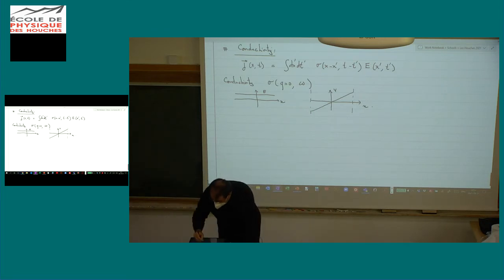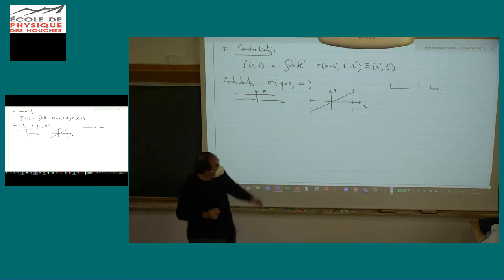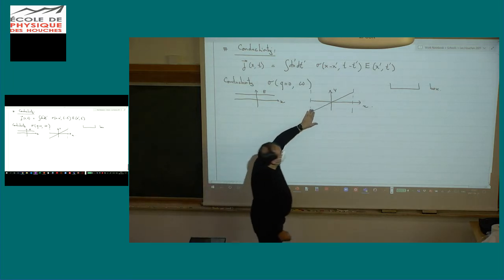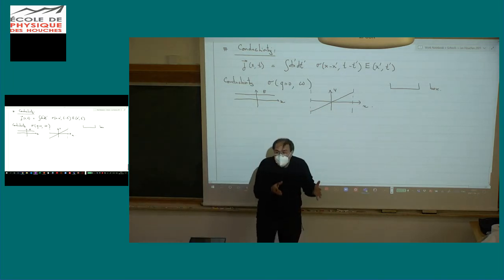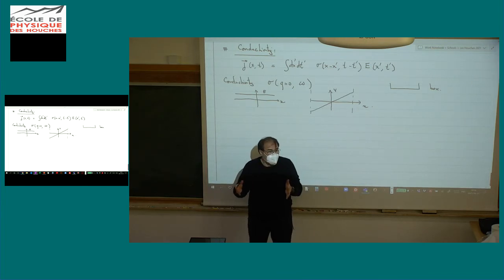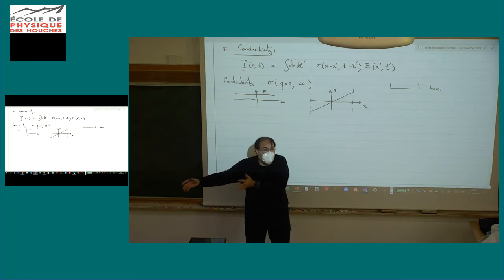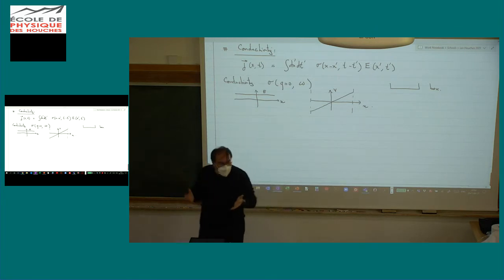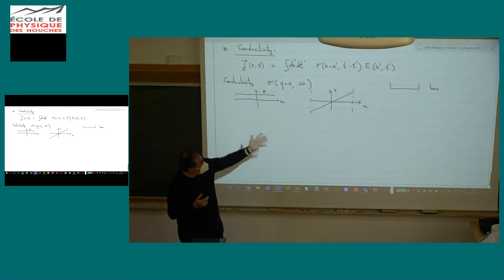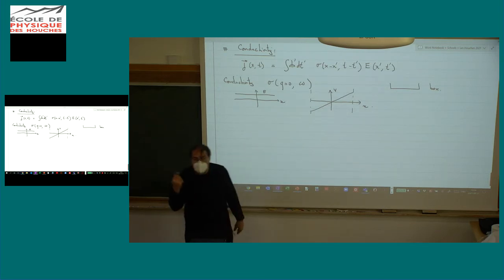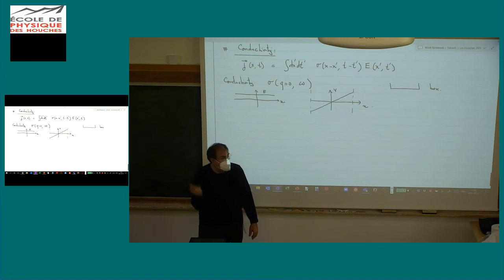Now, if I put a box, then there is no problem. But then I have a problem, because I cannot have a current that will flow in the box. At least after a while, all the particles will accumulate on the side of the box, and certainly at long time, I cannot have a current which will flow. So the box is not very good to study a current in response to a uniform potential.